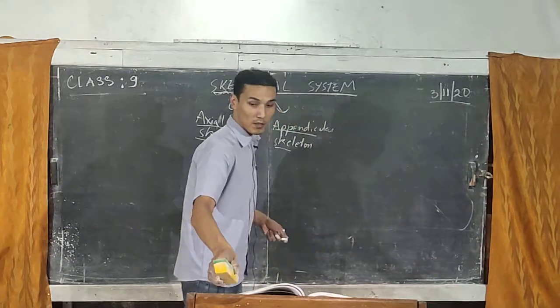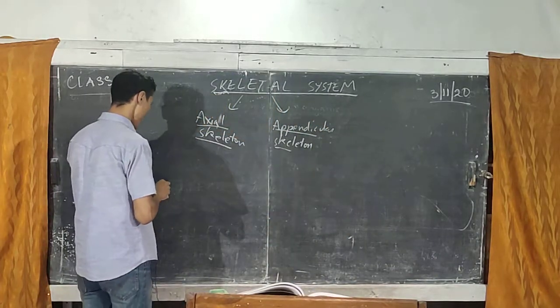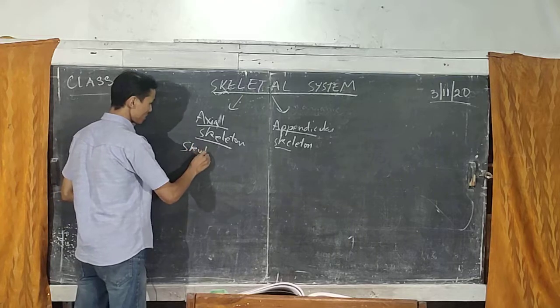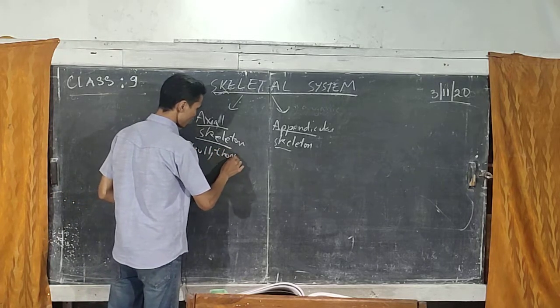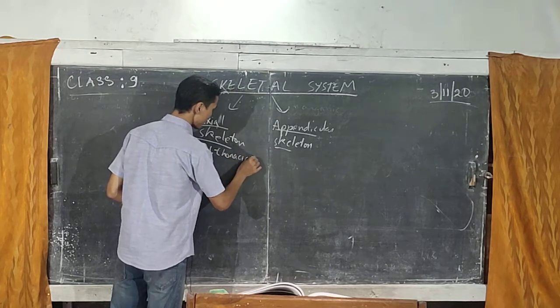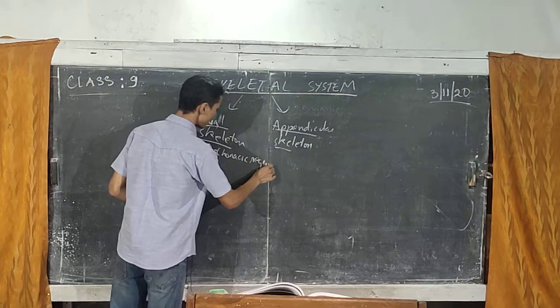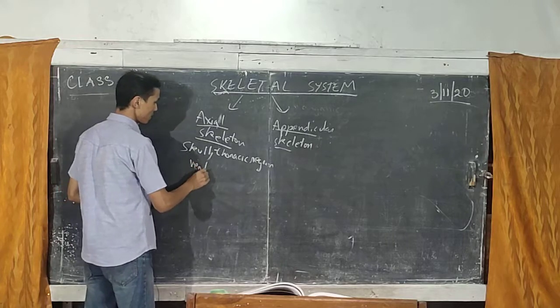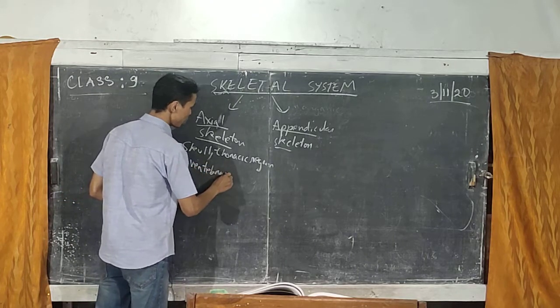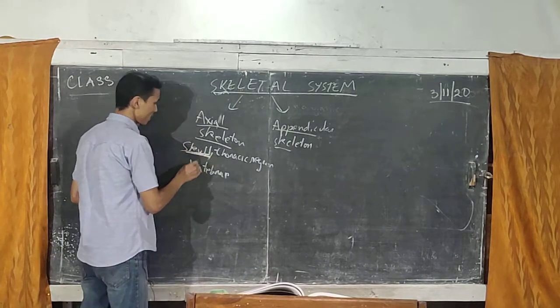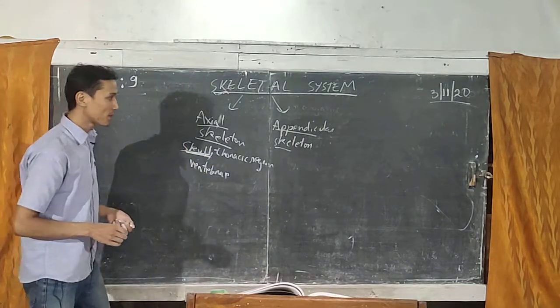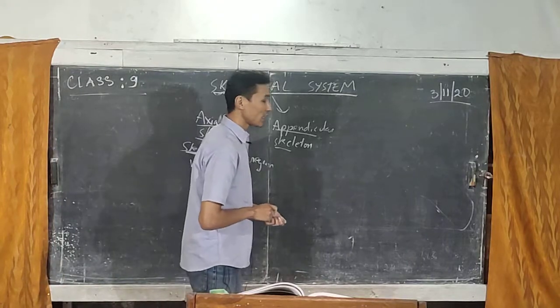Axial skeleton consists of the skull, the thoracic region, and your vertebrae, that is your backbone. First things first, we'll discuss the skull. The skull contains two parts.